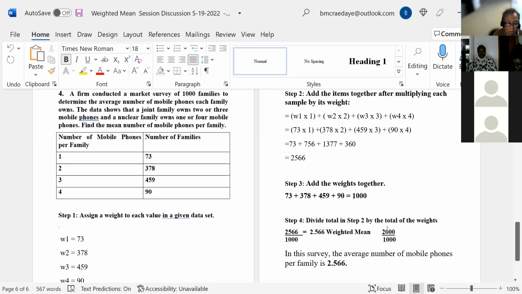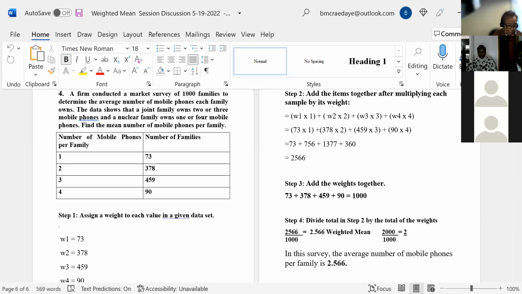So you can cancel all these zeros out, and it's the same as 2 over 1, right? You don't have to carry those zeros. That's the same as 2 over 1, and that's equal to 2.